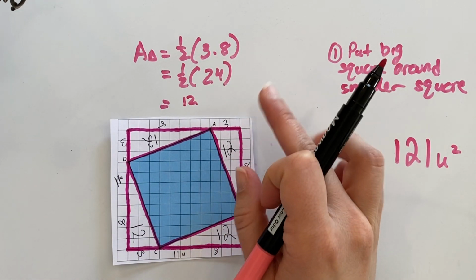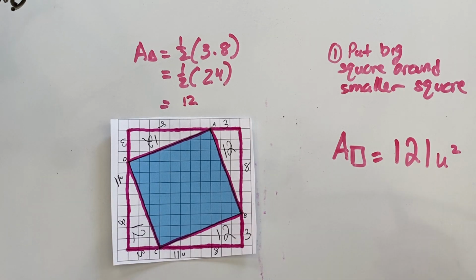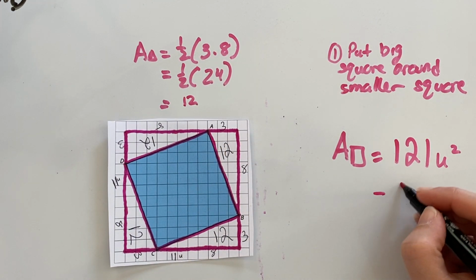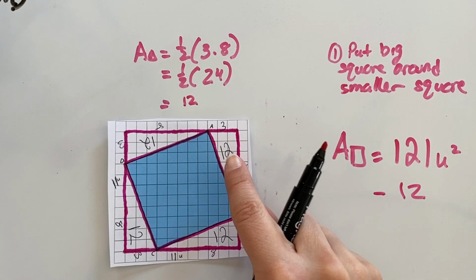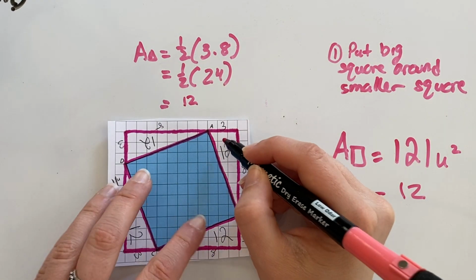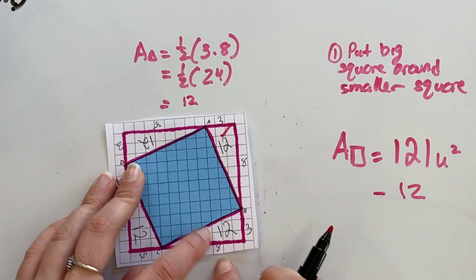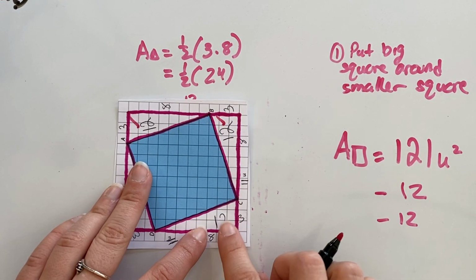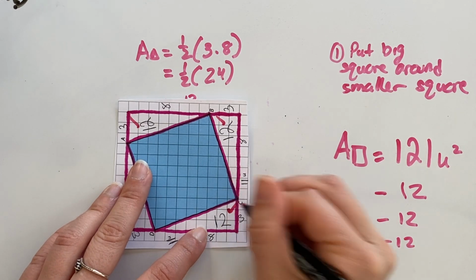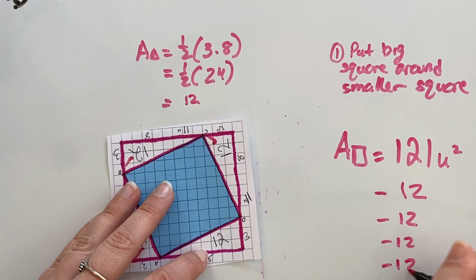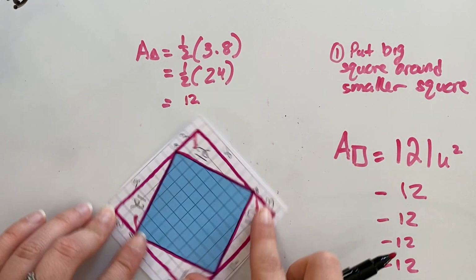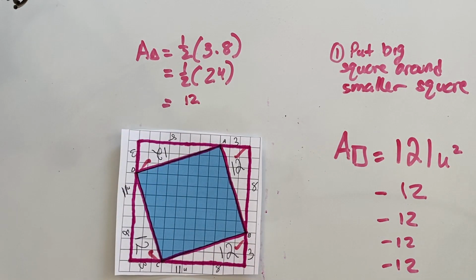Now we're going to subtract or take away all of my triangles. So we're gonna subtract this one here, so minus 12. We're gonna subtract this one here, and you could put a check to let you know, okay, I got rid of that one. Let's get rid of this one. Check. Let's get rid of this one. Check, and let's get rid of the last one. Check. Okay, so I took into account all of my surrounding triangles.